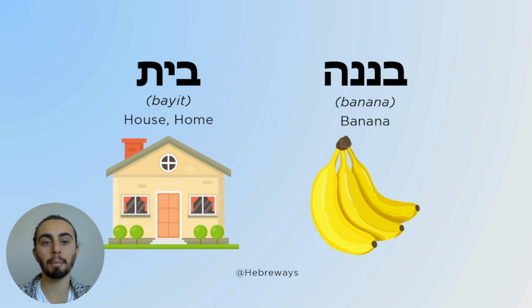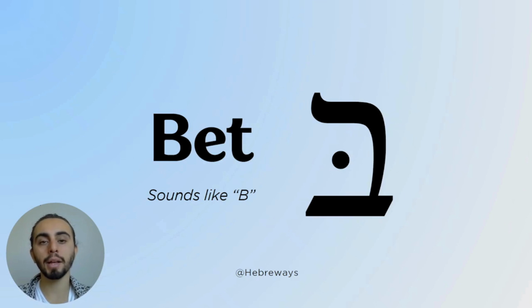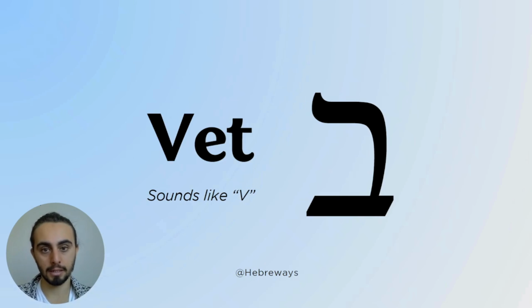So on the right we have banana, which is the same, Hebrew and English, banana. On the left we have bayit, house or home.